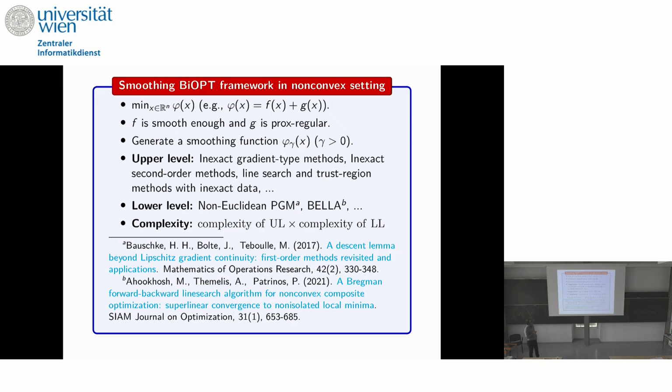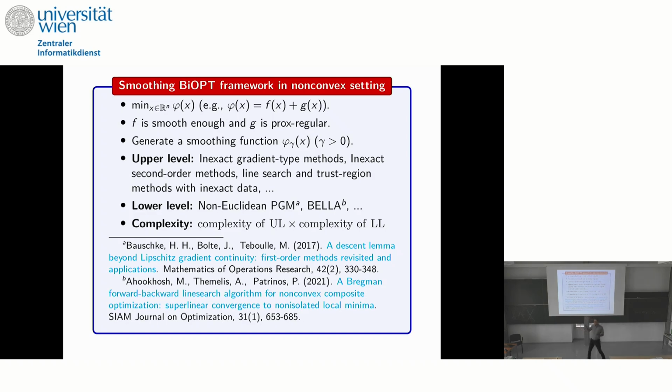We consider a two-level method. We do the smoothing of this function based on some methodology; it could be a Moreau envelope, a forward-backward envelope, or a Douglas-Rachford envelope. Fortunately, in this conference, a wide range of people talked about this topic.